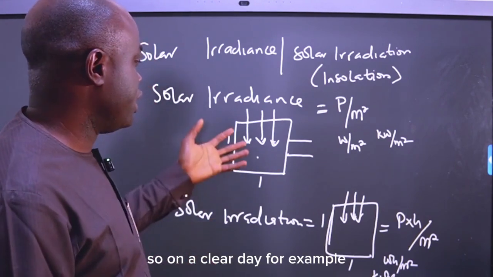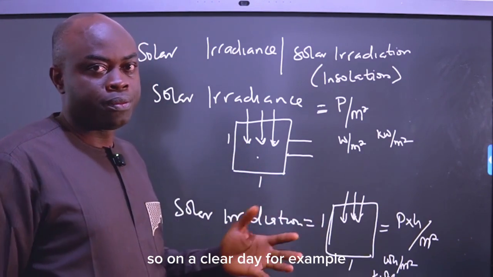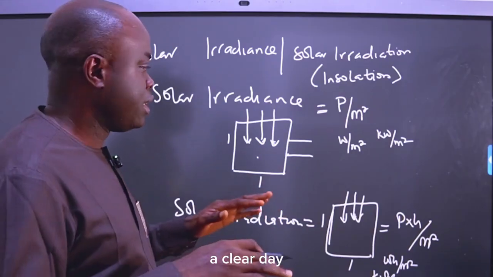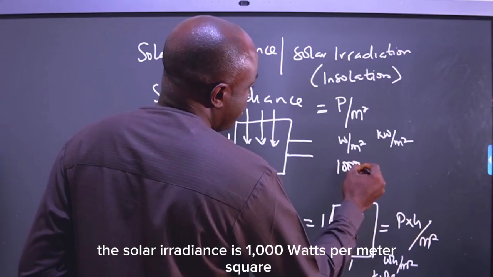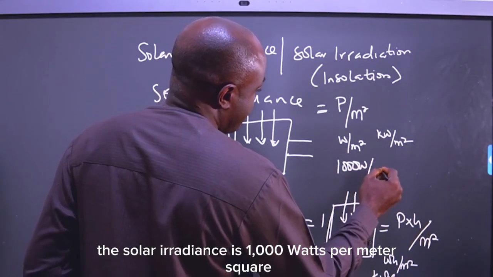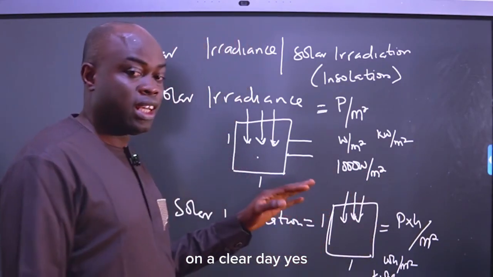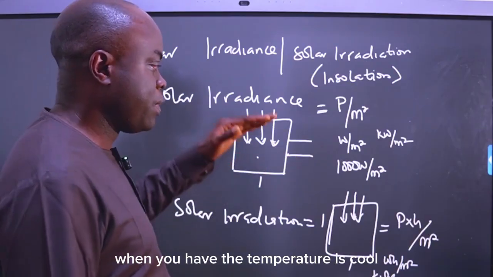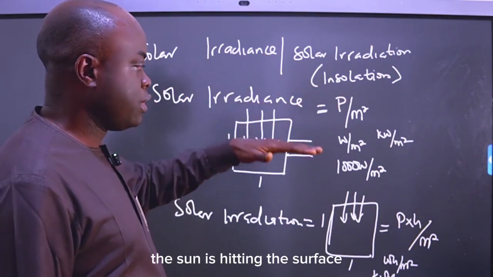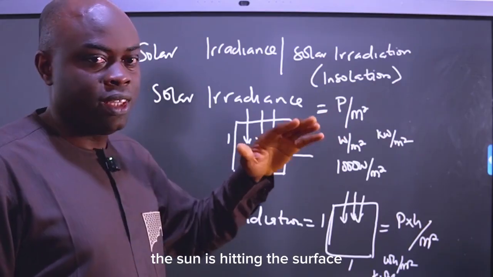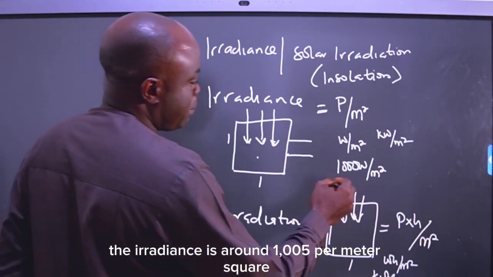On a clear day, for example, the solar irradiance is 1,000 watts per meter square. When the temperature is cool and the sun is hitting the surface, the irradiance is around 1,000 watts per meter square.